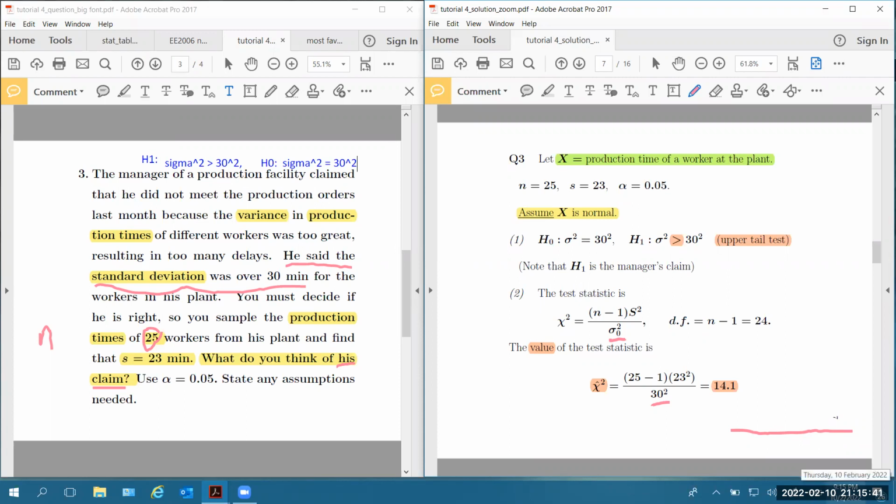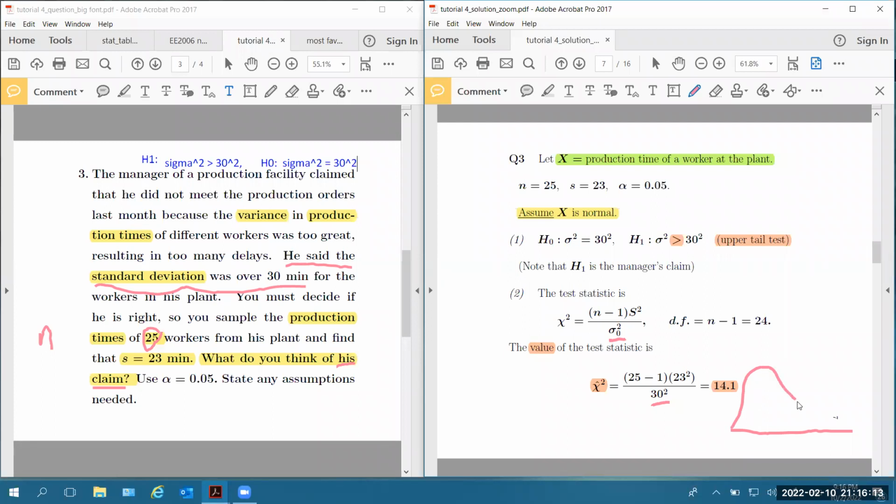Actually, in statistics, we only draw 3 kinds of graphs: the Z, standard normal, T, and chi-square. So what should we draw here? Chi-square. How do we know to draw chi-square? You follow the test statistic. The test statistic here is chi-square, so we'll go and draw chi-square.